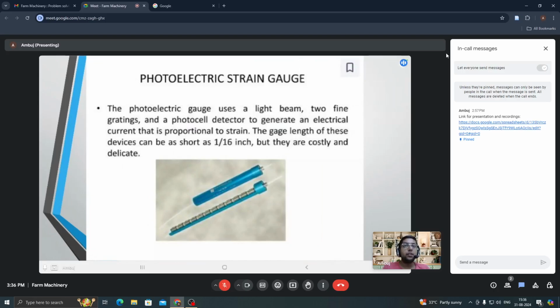The intensity of light will change according to the strain applied, and that intensity of light is sensed and converted into electrical current. To measure the strain applied, obviously you have to perform some calibration. After the calibration, that strain gauge is ready.